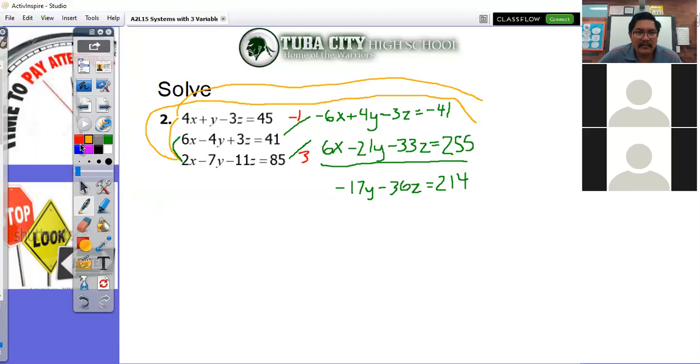So again, I'm going to multiply this bottom one by 2. Now this top one's going to stay the same, it looks like, but I'm going to multiply it by -1 again. So, and I'm just going to basically copy this one here just to keep things easy on myself.